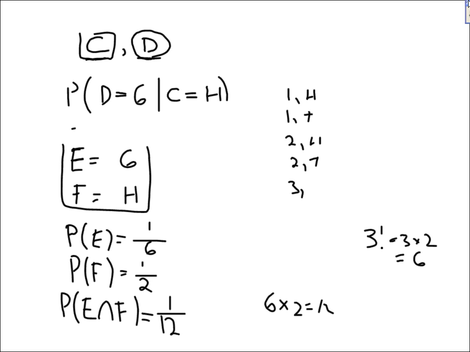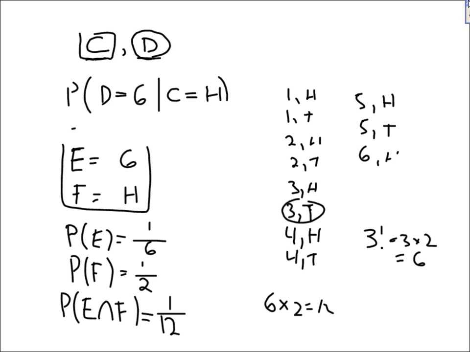You might have recorded a 3 and a head, or a 3 and a tail, a 4 and a head, a 4 and a tail, a 5 and a head, or a 5 and a tail, or a 6 and a head, or a 6 and a tail.